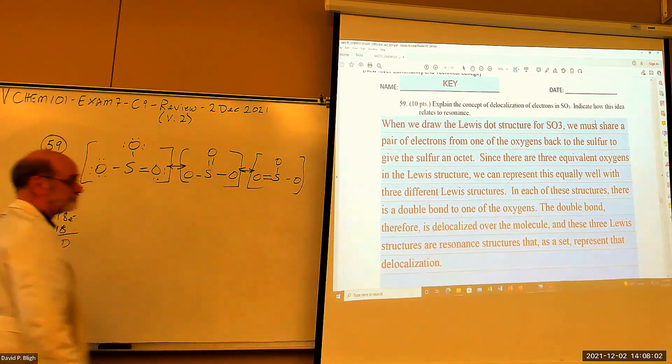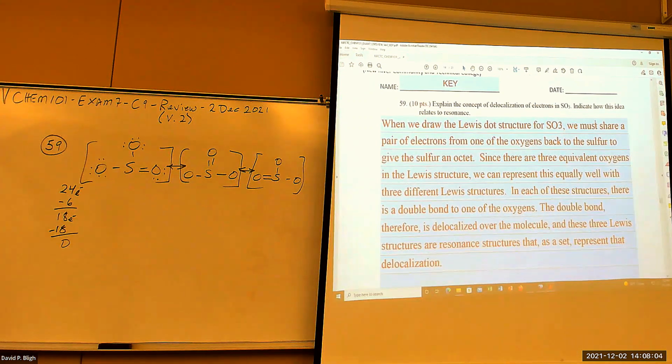Like that. We can draw these Lewis dot structures, and in order to make an octet, we can make an octet with any one of these oxygens to make the octet with sulfur. And each one is equivalent, which means we have to resonate.